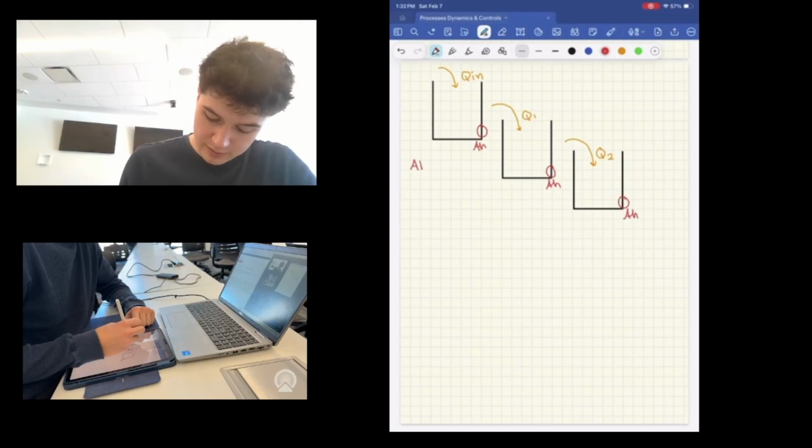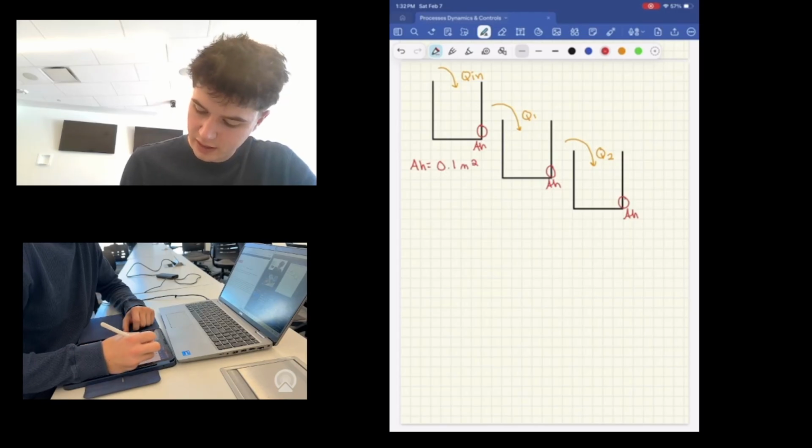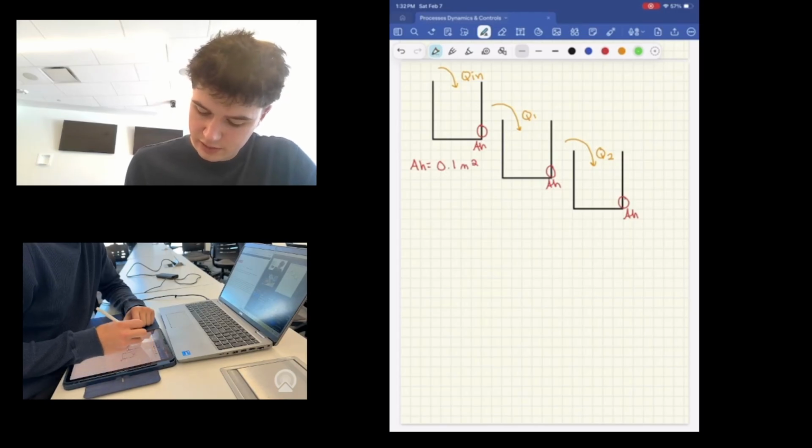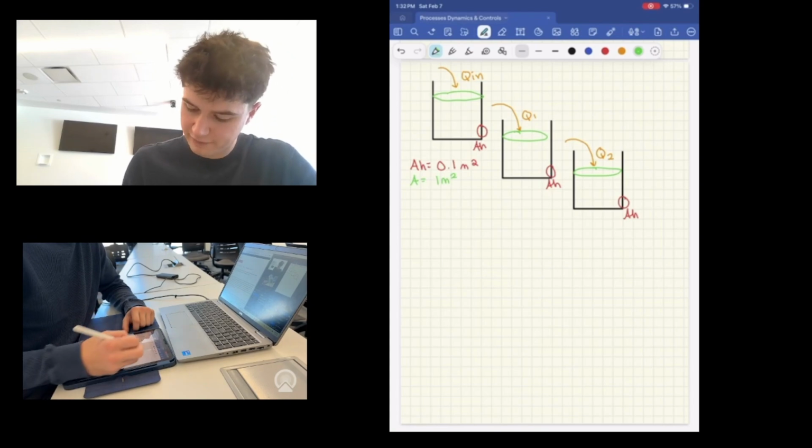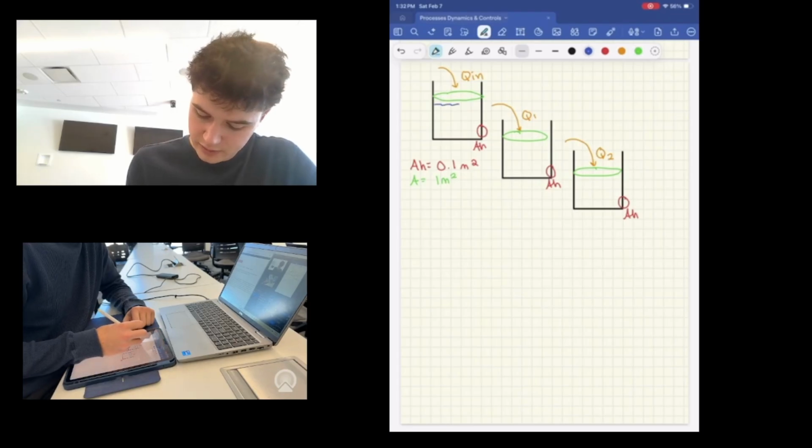In the problem statement, we are told that AH is equal to 0.1 meters squared. Along with that, there is a cross-sectional area at the top of each of these systems. We'll label that as A, and A is listed at 1 meter squared. Now finally, the last part is the liquid.